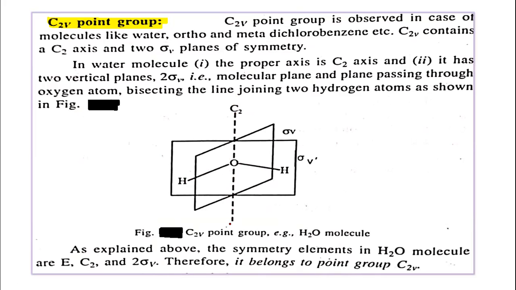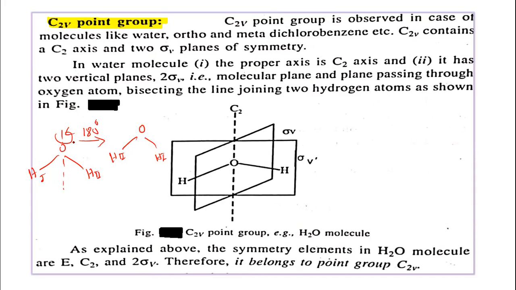If we rotate along that vertical line by 180 degrees, we get the equivalent orientation. That orientation will be like this: hydrogen 2 will be here, hydrogen 1 will be here.